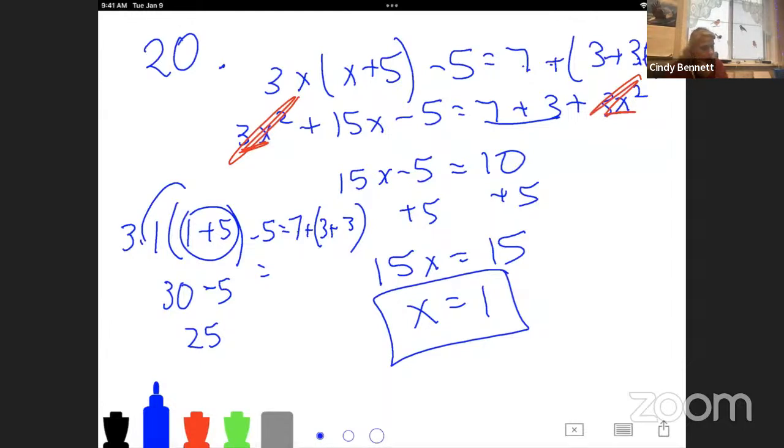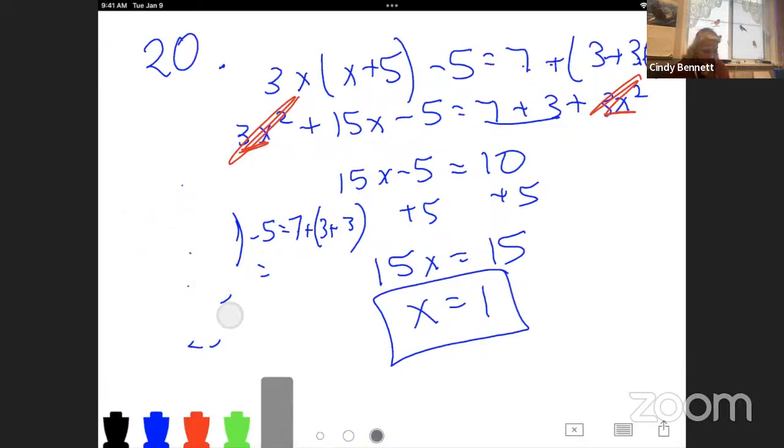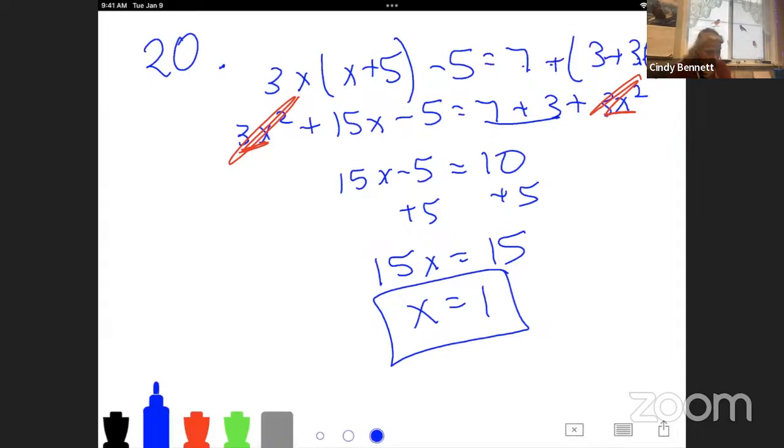Okay, so on this side, if you think you got the right answer, but checking is incorrect, then go back and do your checking. 3 times 1 times 5 plus 1. 5 plus 1 is 6 minus 5.